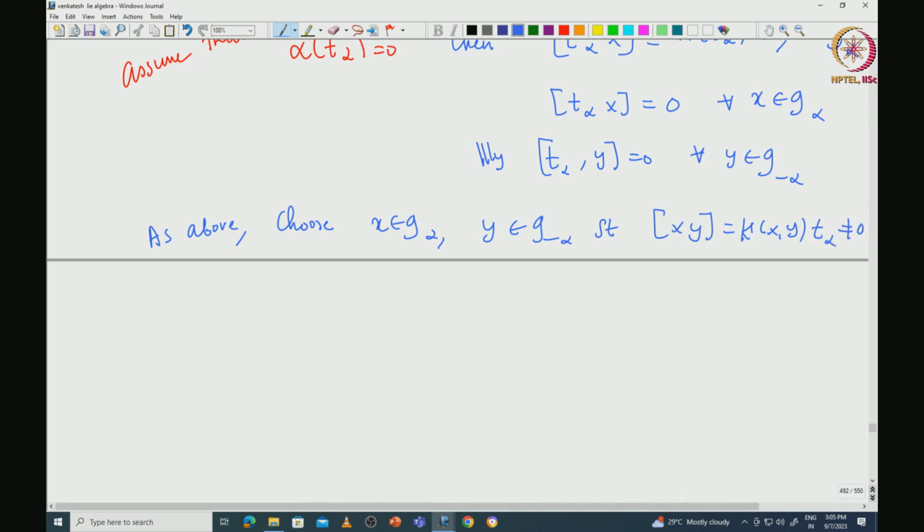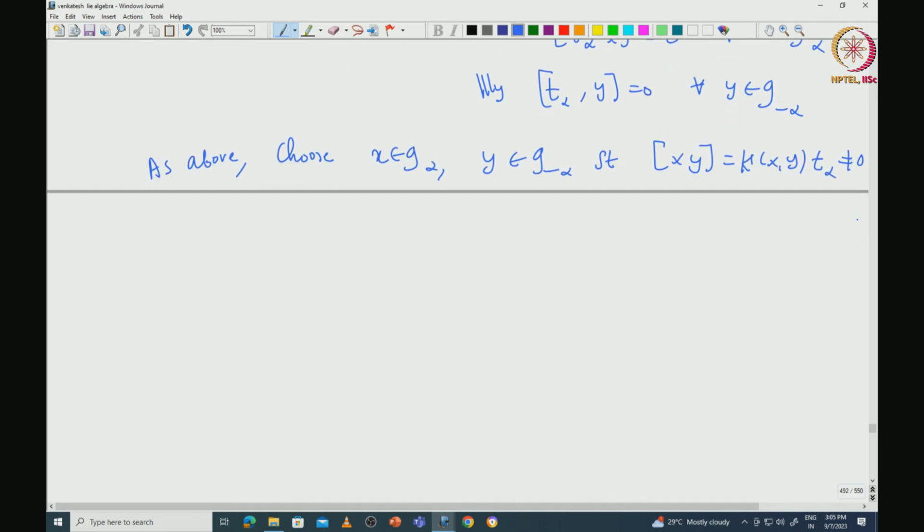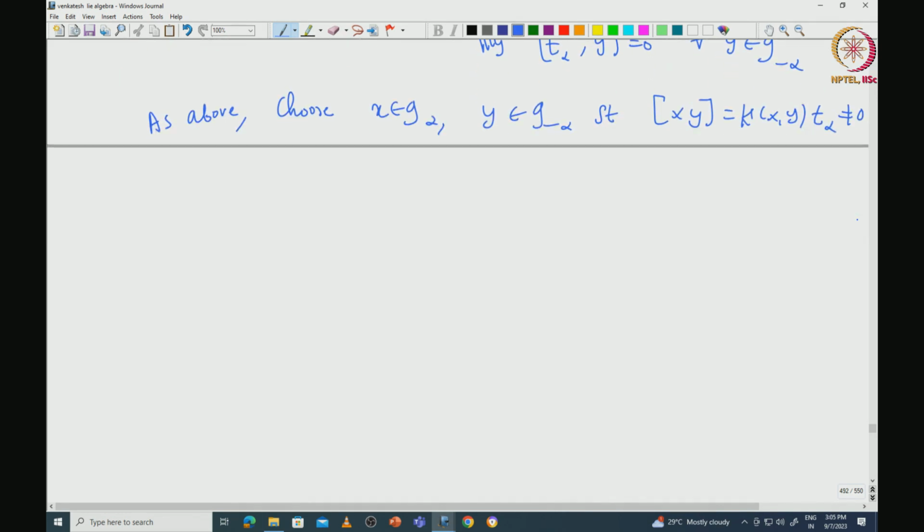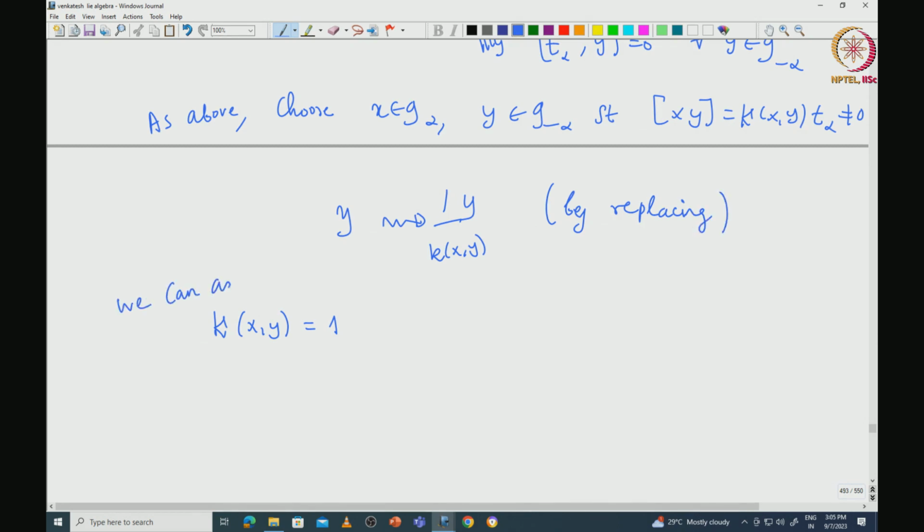Then we can replace y with y times 1 divided by kappa of x comma y, so we can assume that kappa of x comma y is equal to 1.